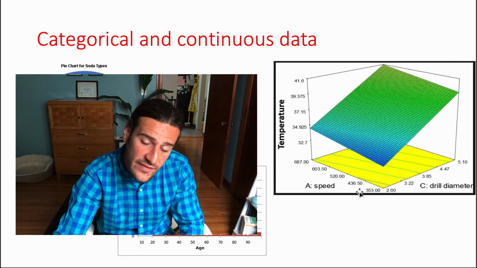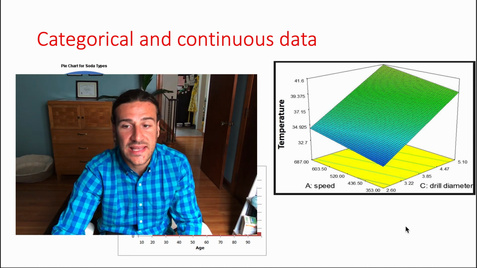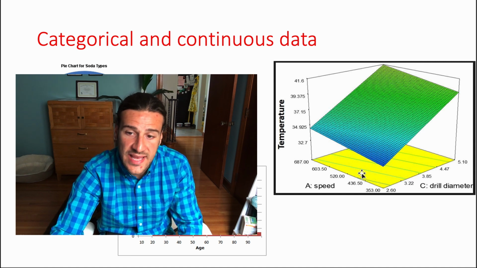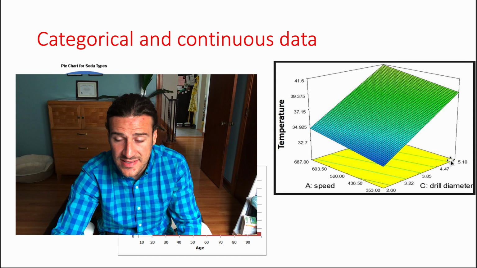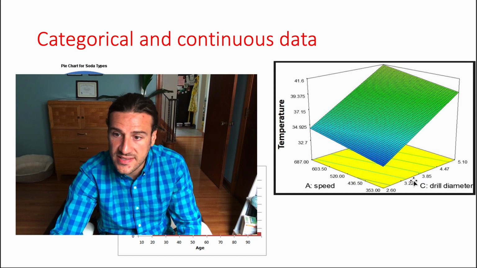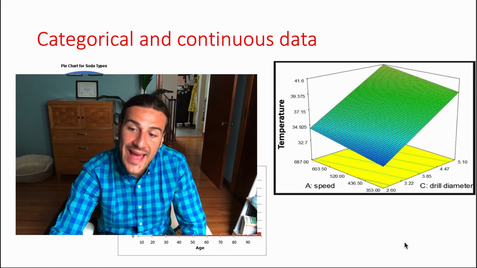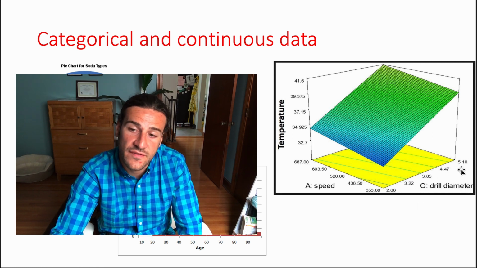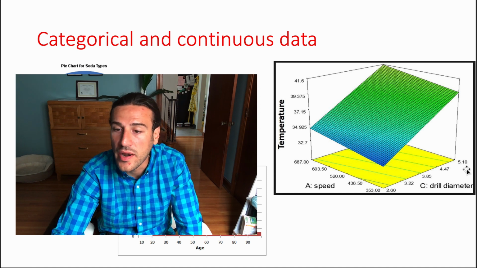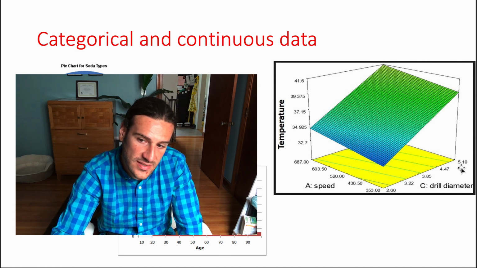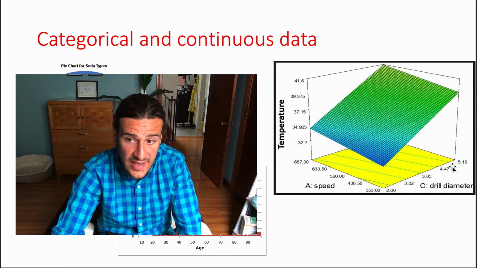A dead giveaway that you are looking at continuous data is if you can take a look at the axis and do this little thought experiment. Say to yourself, can the drill diameter get larger than 5.1 millimeters? And yes, it can.